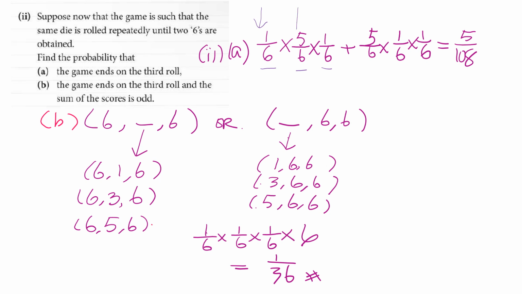So the second time, you mustn't get a 6, because if you get a 6 that means you end the game already, you rolled 2 times and got 6. But you want to roll 3 times. So the second time you must fail, which is 5 over 6. And then only at the third time, you pass. Okay, that's one possibility. Another possibility is first time you fail, second time you pass, third time you pass. Okay, so that's how you do part A.